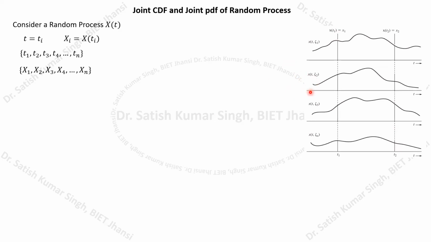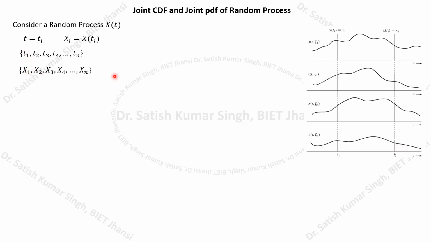This outcome at t equals t1 is denoted by the random variable X1, which contains a total of small n outcomes.